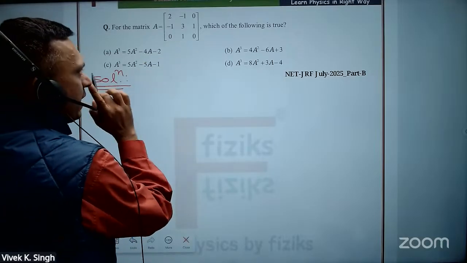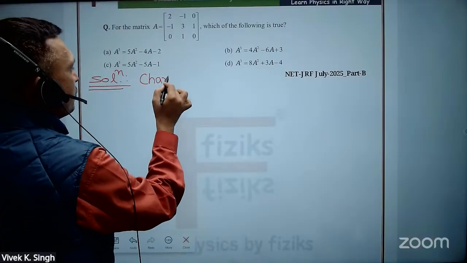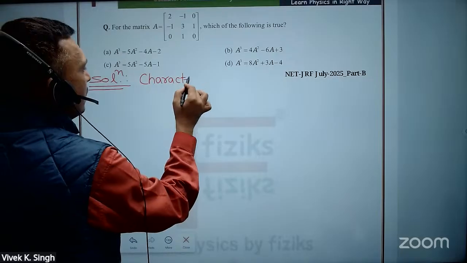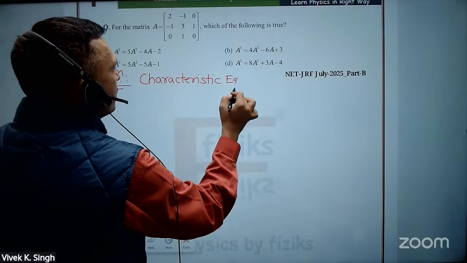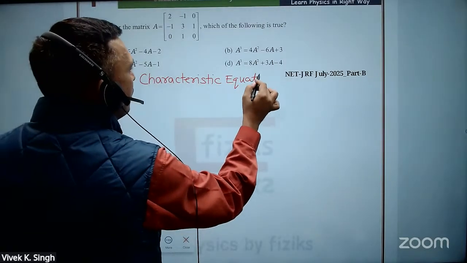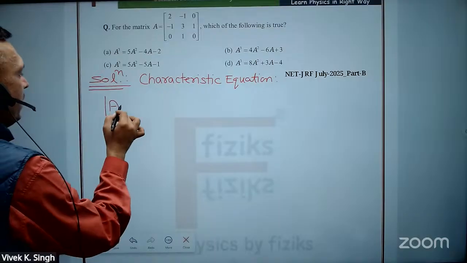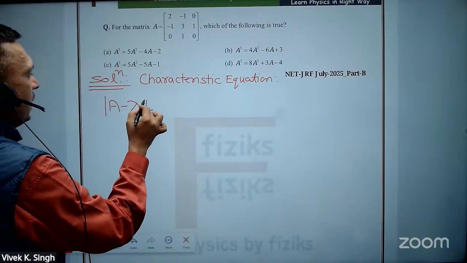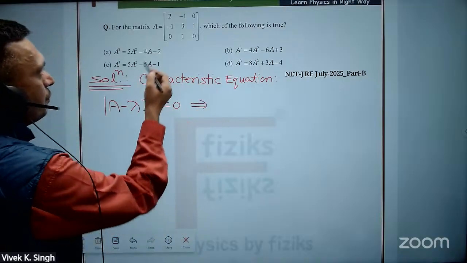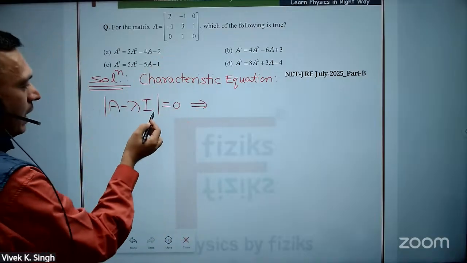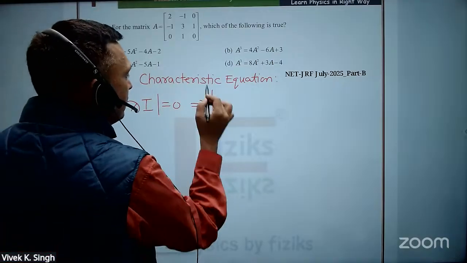So we will use the Cayley-Hamilton theorem here. First you have to write the characteristic equation. How to write the characteristic equation? You have to write determinant of A minus lambda I equal to 0, where I is the identity matrix of 3 cross 3 size.